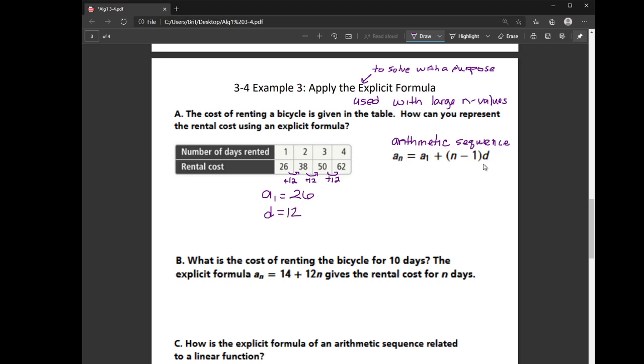So then we just go to our sequence formula and we plug those in. So I say that A sub n, to find the nth term, I need to take A sub 1, which is 26, and add to it n minus 1 times D, which is 12.